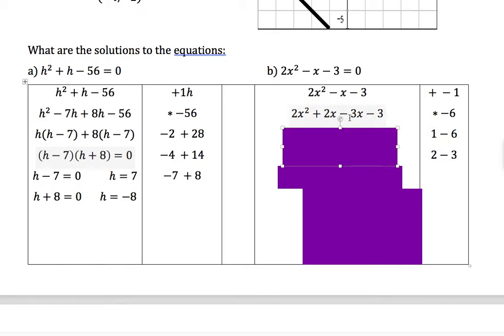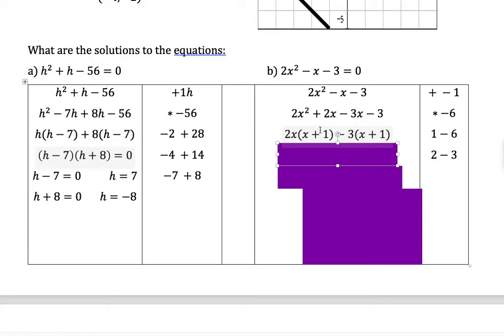There are all my terms, my 4 terms. And then I'm going to group them. What can I factor out of both of those? Well, I can factor out a 2x from both of those. And what I have left in the parentheses is the x plus 2. And from both of these terms, I can factor out a -3. And I'll have an x plus 1.